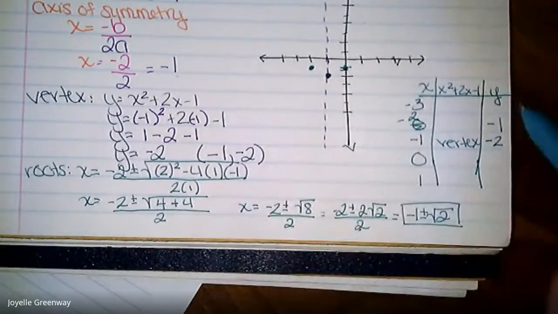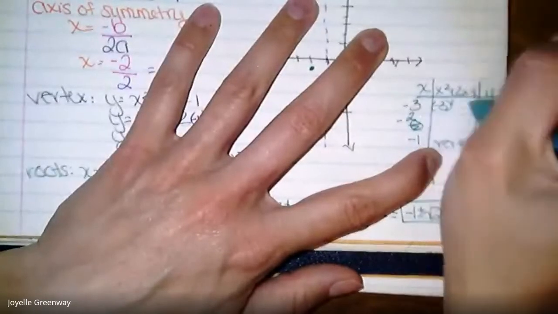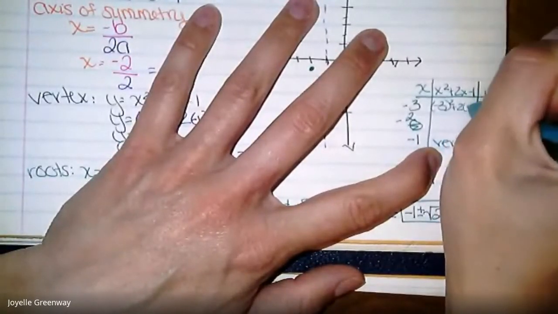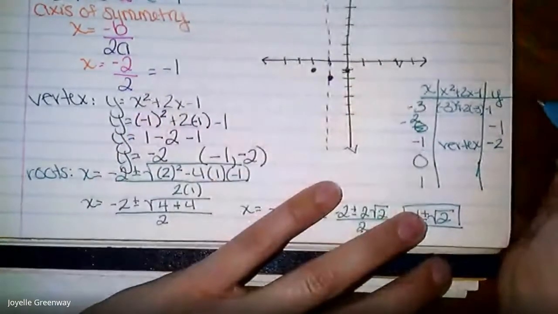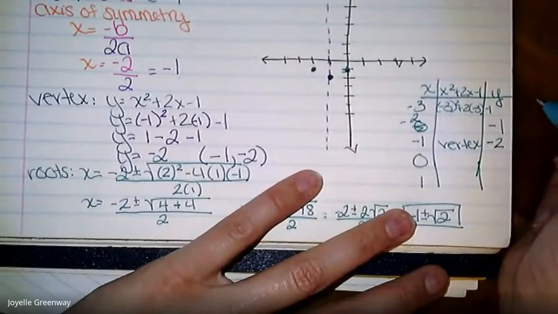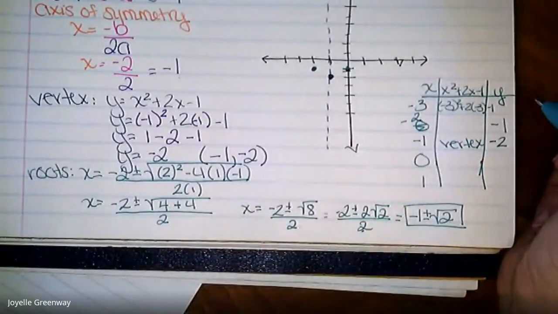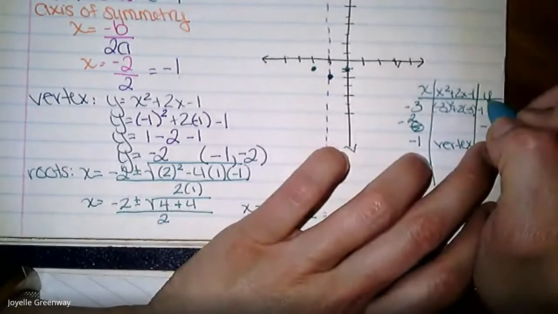Okay. So I have the quantity of negative 3 squared plus 2 times negative 3 minus 1. So negative 3 quantity squared is positive 9, plus 2 times negative 3 is negative 6. So I have 9 minus 6, which is 3, and then 3 minus 1, which is 2.